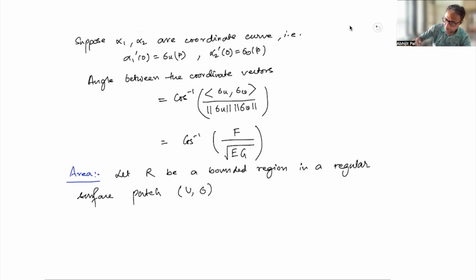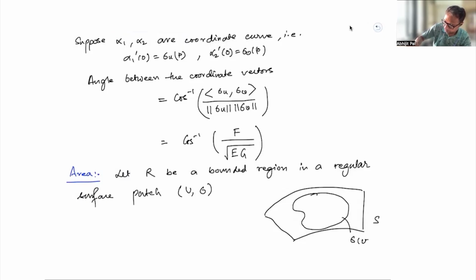Suppose this is my surface S, and this is my sigma of U, and I have a bounded region R here. We want to find the area of this region R.